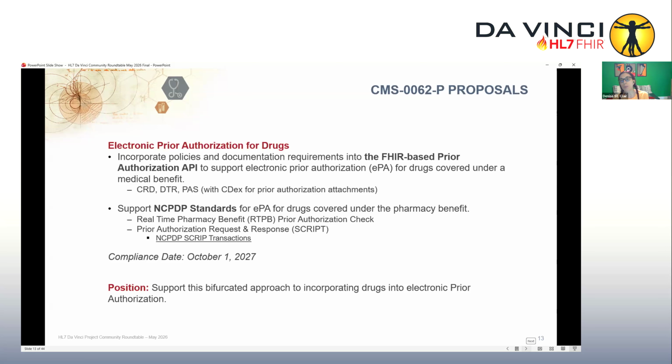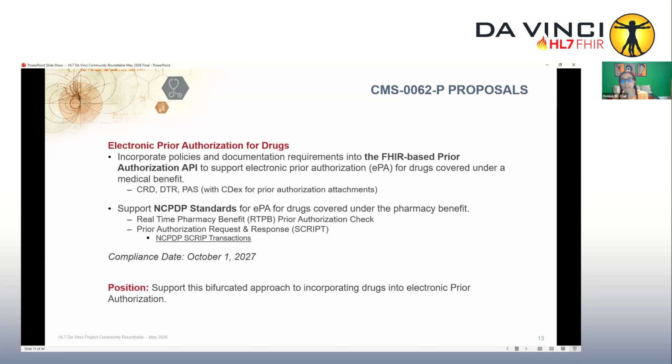So what this proposed rule is doing is bringing in drugs to add to the non-drug items and services that are already required for all impacted payers. And so the proposal is for drugs covered under the medical benefit, use the FHIR-based APIs, so use CRD, DTR, and PAS, and for drugs under the pharmacy benefit, leverage the NCPDP standards, and specifically the real-time pharmacy benefit, prior authorization check, and the prior authorization request and response SCRIPT standards.